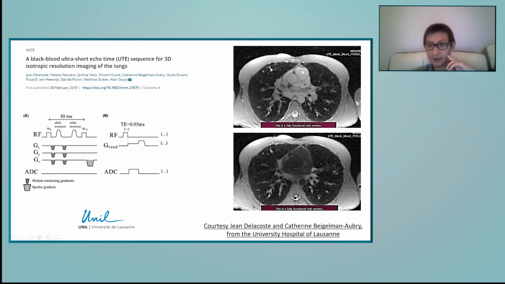And you can see that the signal intensity of the large vessels in the mediastinum is lowered by using this imaging acquisition. And I think that it was interesting as well. So the physical principle is totally different, but this work was very interesting as well from you guys.